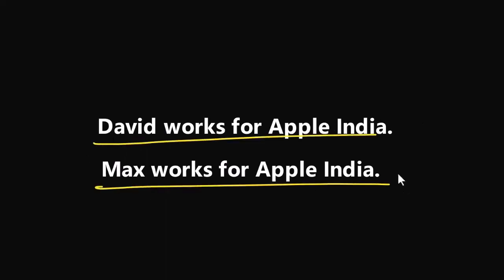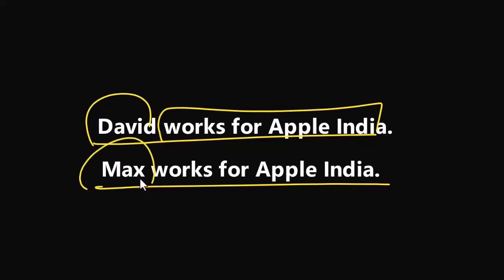All right. Now, let's take some examples and understand this. So we have two examples here on the screen. David works for Apple India. Max works for Apple India. So we have two complete sentences, where somebody is working for a certain company. And in the second sentence as well, somebody else is working for the same company. So these are two pieces of information, right?